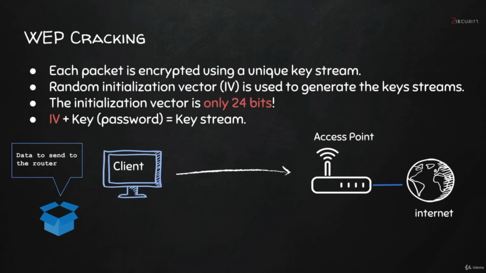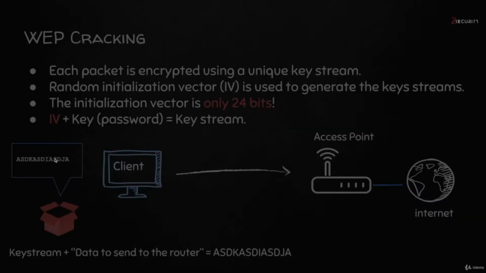To do that, it generates a random 24-bit initialization vector. The initialization vector is then added to the password of the network, to the actual key that people use to connect to the network. This generates a key stream, and then this key stream is used to encrypt this packet and transform it into gibberish.